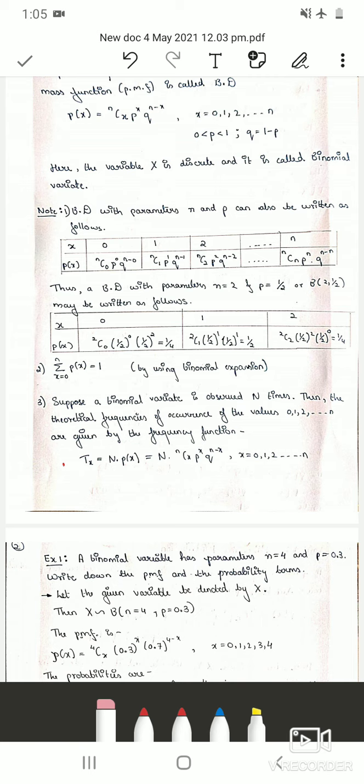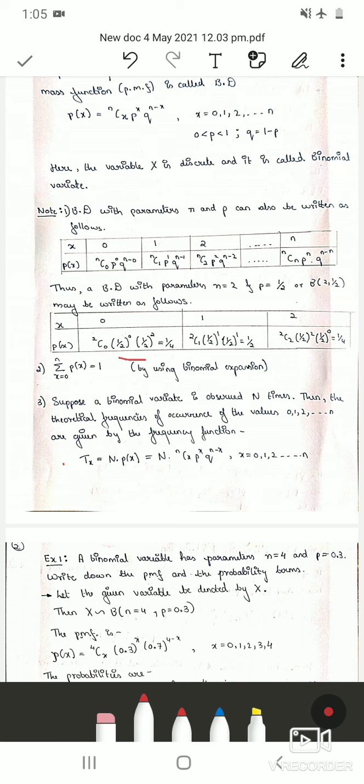Therefore 2C0 into 1 by 2 raised to 0 into 1 by 2 raised to 2. We got 2 in the power because it is n minus x. In place of n substitute 2, in place of x it is 0. So this you can simplify using your calculators. 1 by 2 raised to 0 is 1. 1 by 2 raised to 2 is nothing but 0.5 into 0.5.